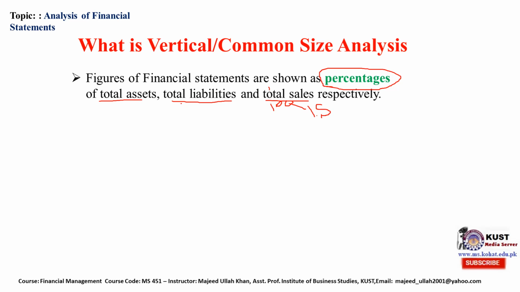Since the balance sheet has two sides, all the assets, either non-current assets or current assets, will each be shown as a percentage of total assets. So the total assets will be considered as 100%. On the liability and equity side, each figure will be shown as a percentage of the total liabilities, which will also be considered as 100%.